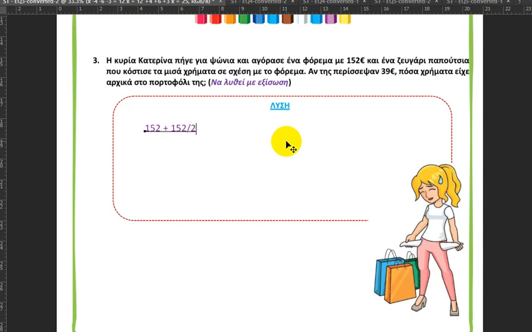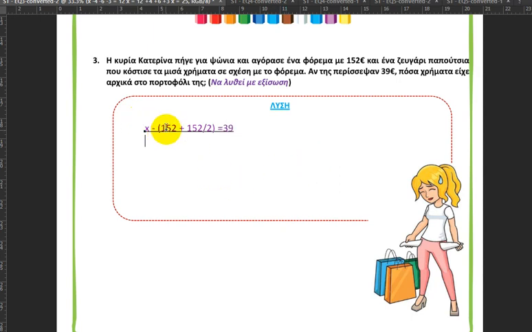And she has 39 € left, and we're being asked how much money she had in the beginning. Well, let's call that amount of money the unknown, x, minus all of this: 152 plus 152 divided by 2. We know that she has 39 euros left over.